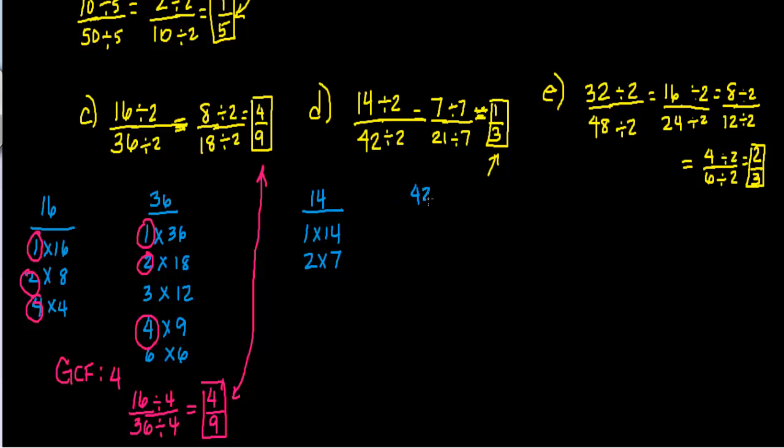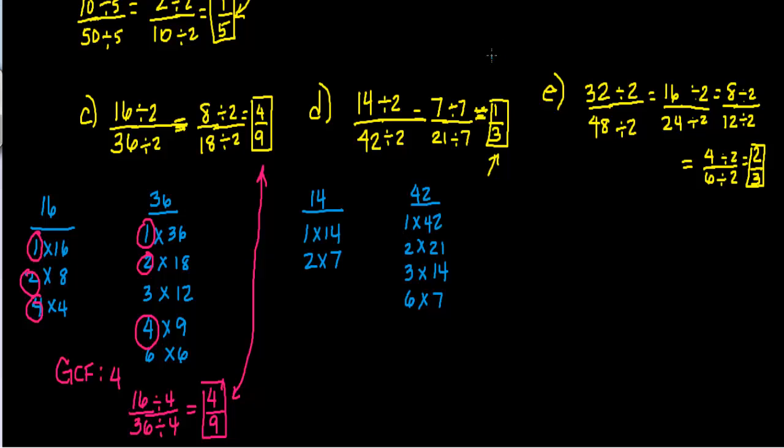How about 42? 42 is 1 times 42, 2 times 21, 3 times 14, 4 times nothing, 5 times nothing, 6 times 7, 7 times 6. So I stop because I've reached a repeated factor. So this is it for the list of 42.